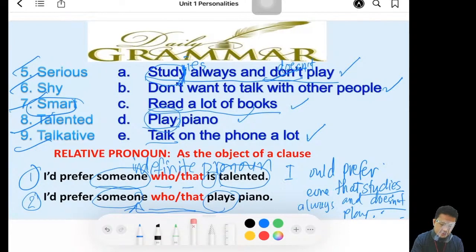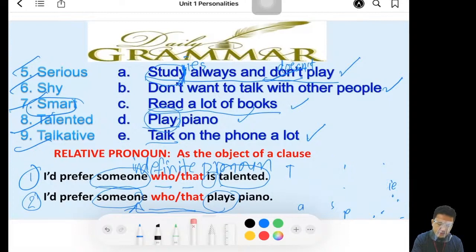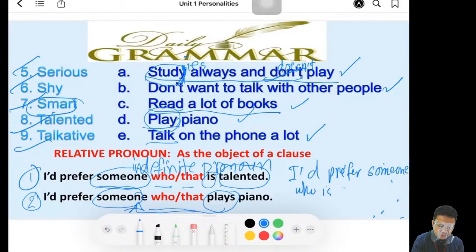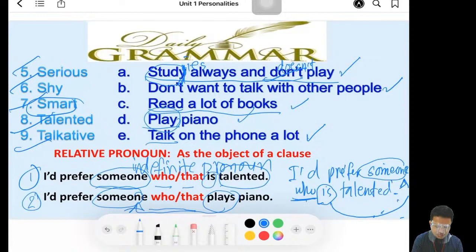Moving on to our next set of vocabulary words here. We also have here talented. So you can also say, I'd prefer someone who is talented. Same, this is our object of the clause, someone. This is our relative pronoun, who. This is our verb, which refers to someone, which is always is. And this is our vocabulary word, which is talented.